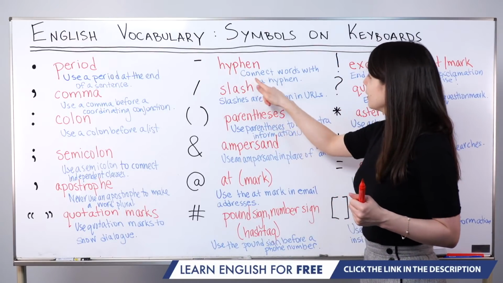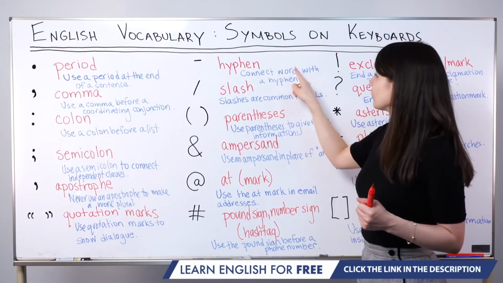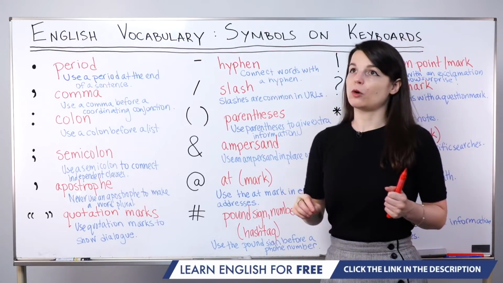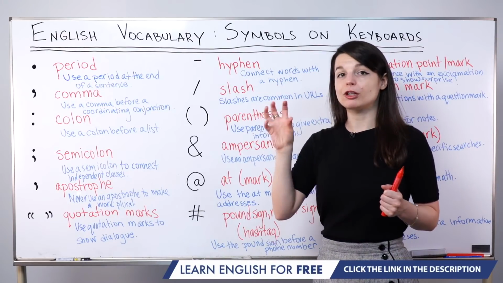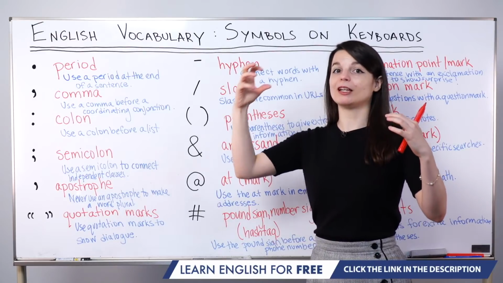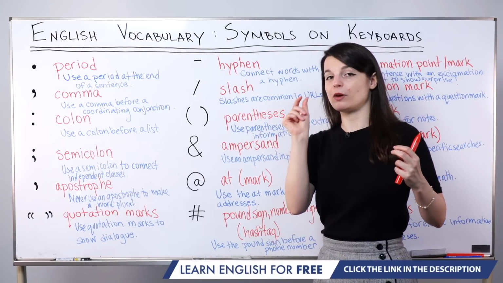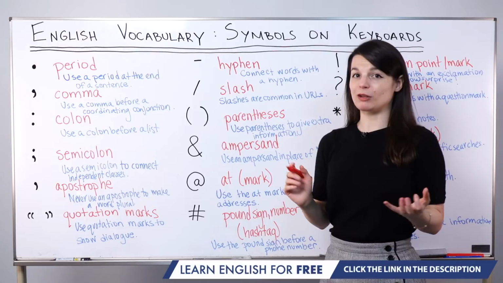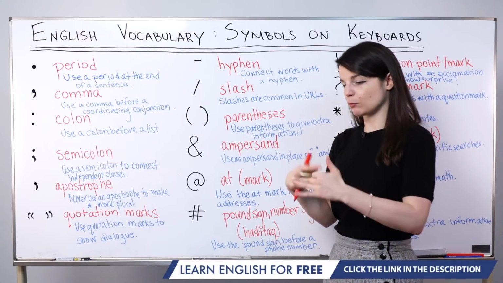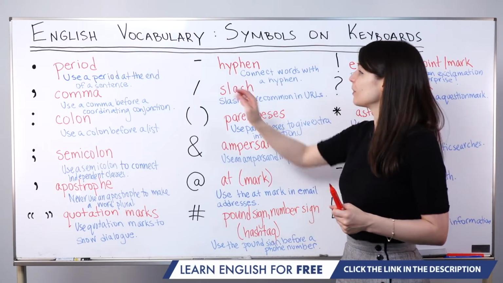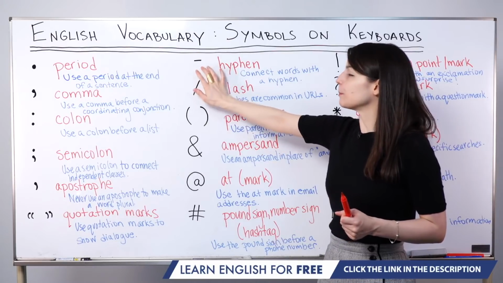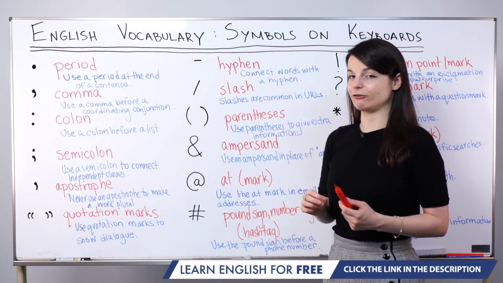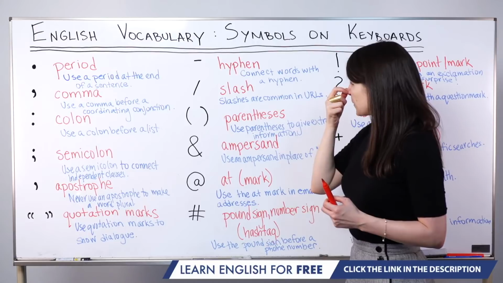We use hyphens to connect words. So in a word or a phrase like free-for-all, we connect free, for, and all together with hyphens. Hyphens come between the words. There are some rules for when to use hyphens, but the mark for today's lesson is called a hyphen. Okay, let's go to the next one.